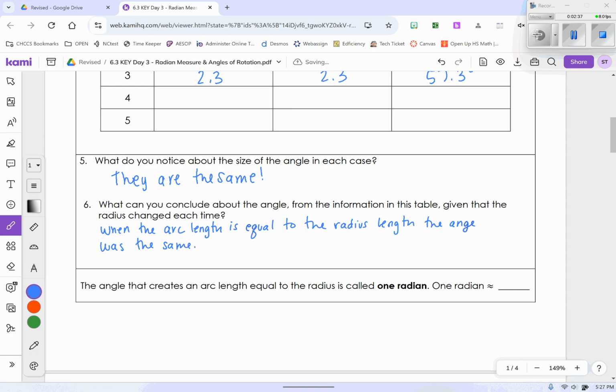So the angle that creates an arc length equal to the radius is called 1 radian, and 1 radian is about 57.3 degrees.